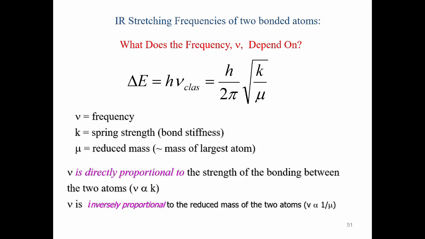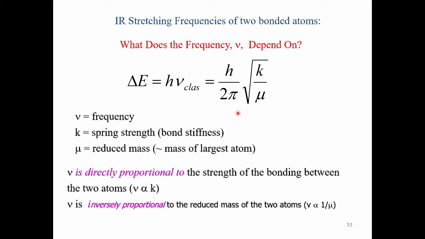So what exactly does the frequency depend on? Here we have a formula: change in energy equals Planck's constant times frequency. And if we rewrite this equation, what we end up getting is Planck's constant over 2 pi times the square root of the spring strength or bond stiffness, because when we irradiate bonds with infrared light, we're causing vibrations as well as stretching.